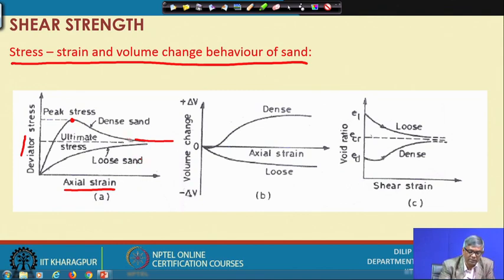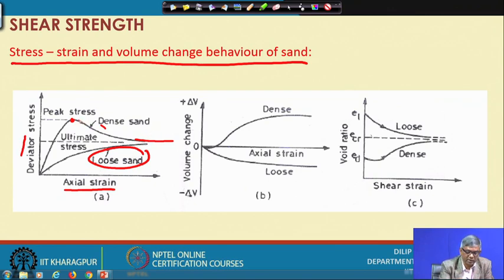This deviator stress reaching a constant value is called the ultimate stress for that sand. If you test a loose sand under similar conditions, apply the same confining pressure and strain it, you can see that the increase of deviator stress with axial strain is quite slow and flattens, and finally at a large value of strain it meets the ultimate stress value of the dense sand.